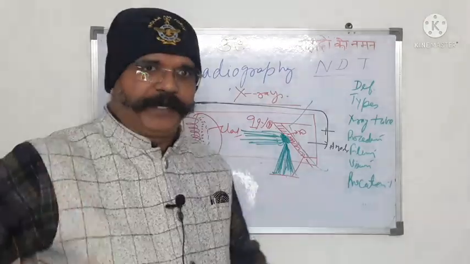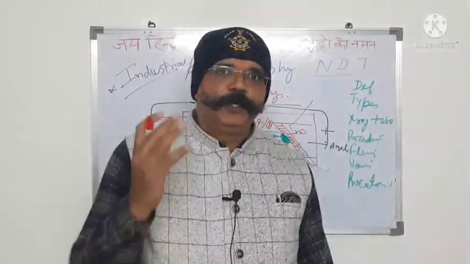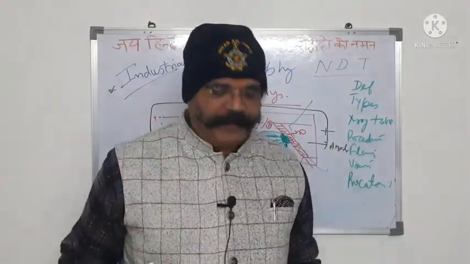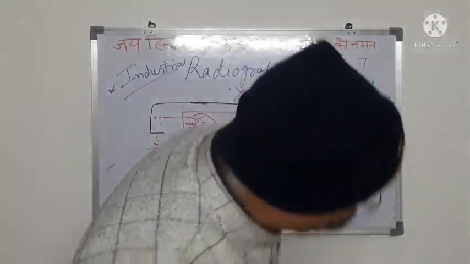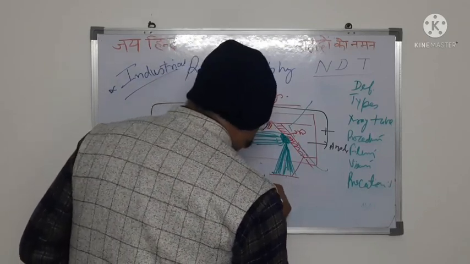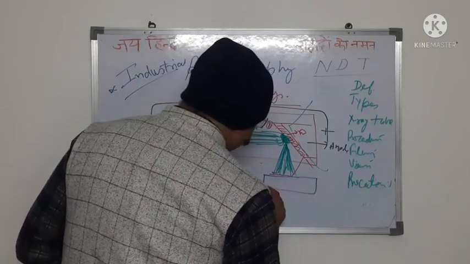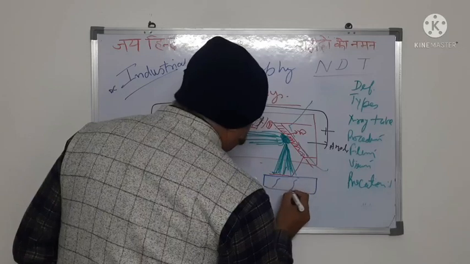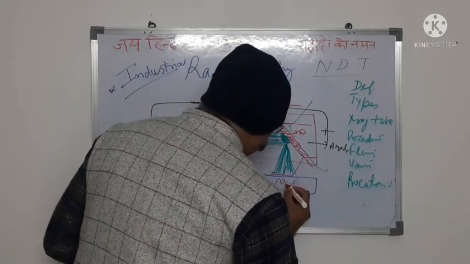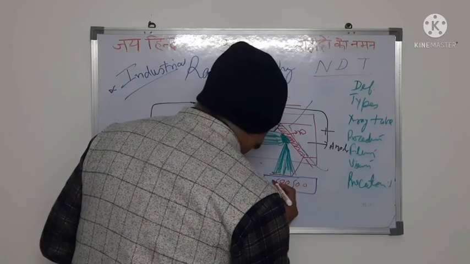Now the next topic, what will you do after producing the X-ray? You have to get some information. How will you get it? Suppose this is a metal piece. It has some cracks. It has some holes.